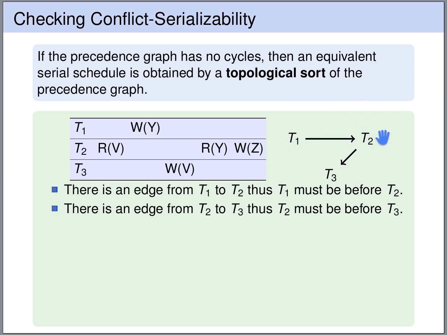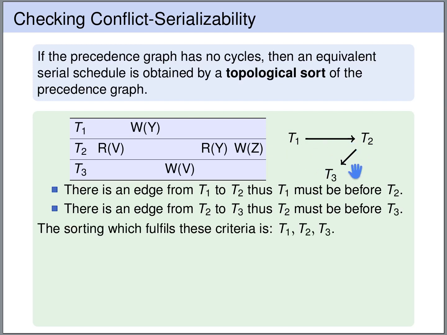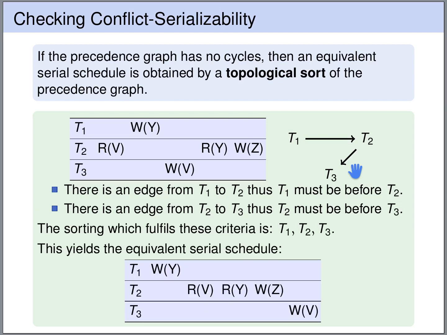We have an edge from T2 to T3, therefore T2 must be before T3. Then applying a topological sort gives us the order T1, T2, T3, and we thus obtain a serial schedule by first executing T1, then T2, and then T3.